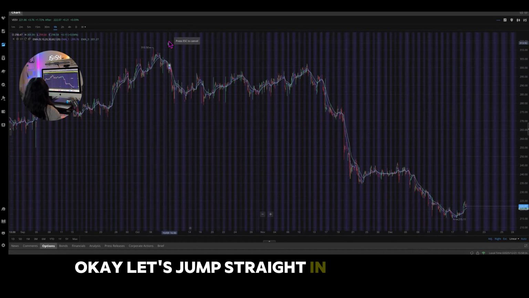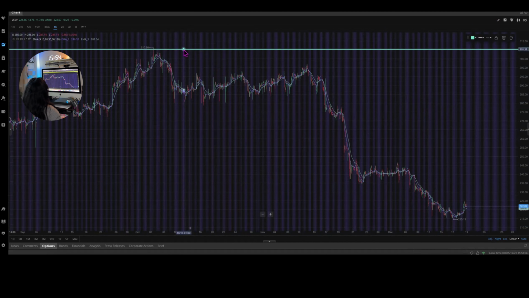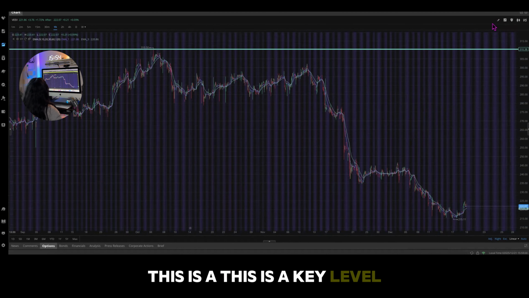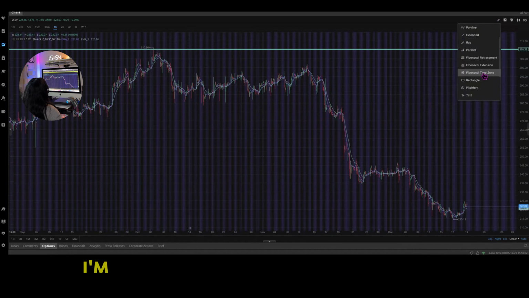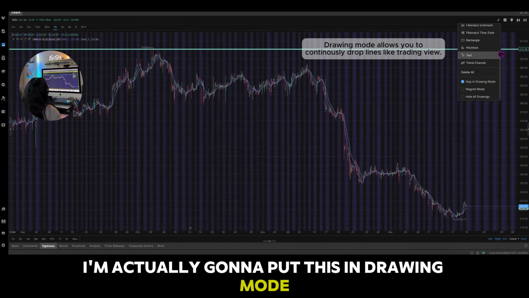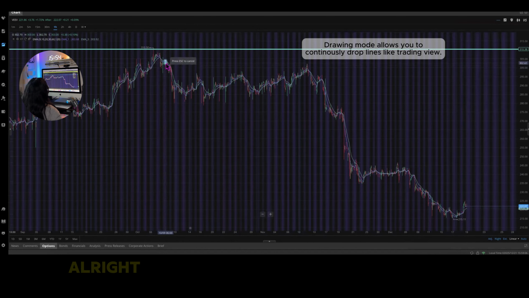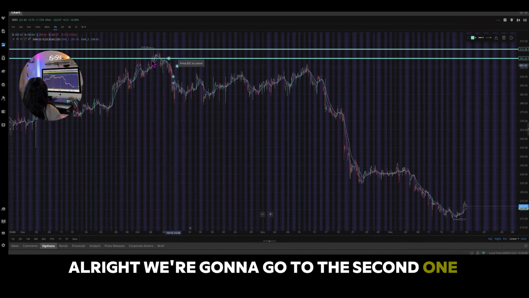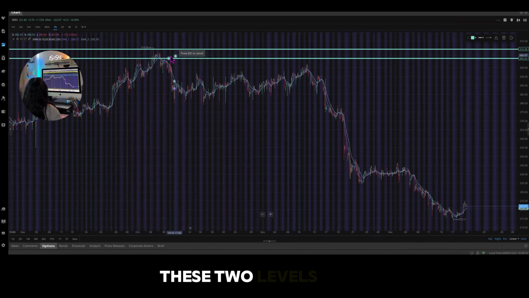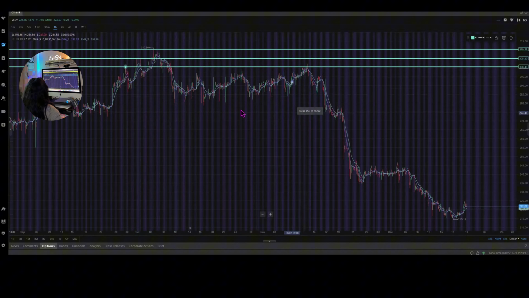Let's jump straight in. From the top of my chart, this is a key level. I'm actually going to put this in drawing mode. All right. We're going to go to the second one, okay? These two levels. Okay, 1, 2, 3. I'm touching 3 mountaintops. I'm going to go to this one.